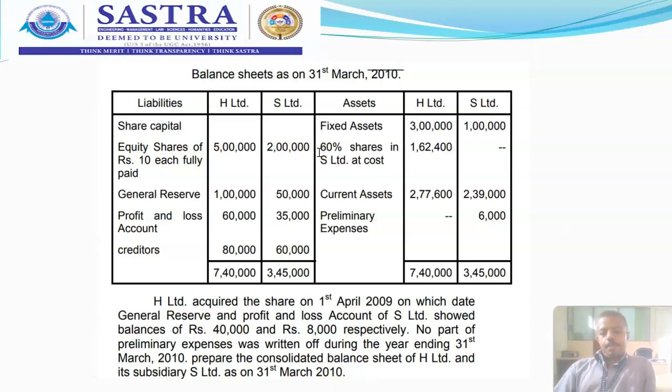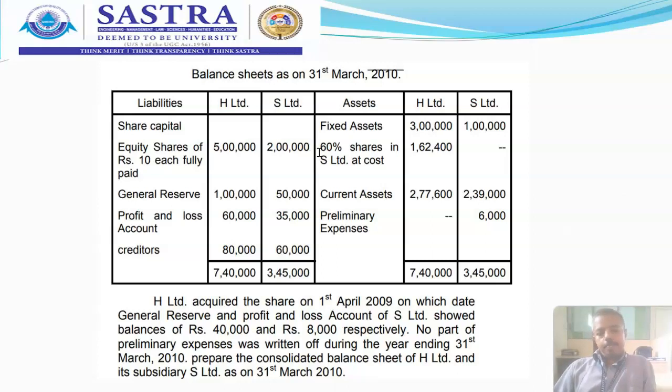So please refer to lecture note 3, which is purely on calculation of minority interest. How to calculate minority interest? We have only 3 steps. One, paid up value of outsiders in S Limited. Add capital profits belonging to the outsiders and revenue profits belonging to the outsiders.